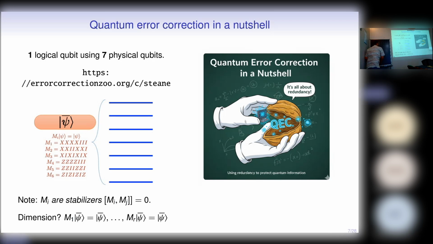So these are all my 6 Pauli matrices for which I've indirectly said the states that encode my logical qubit should be a +1 eigenstate at the same time of all these 6 matrices. Now you can pick any 2 from here and you'll see that they commute. In particular, you can pick M1 and M4. And although X and Z anti-commute, you'll see that it anti-commutes even number of times.